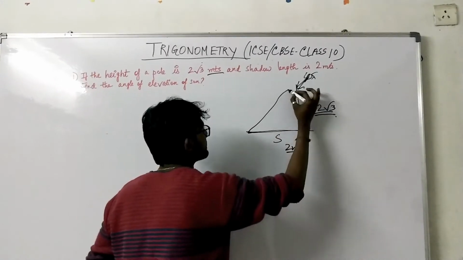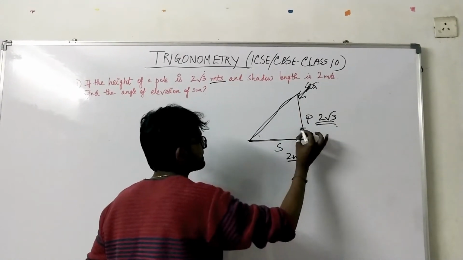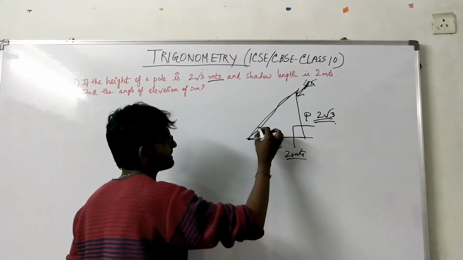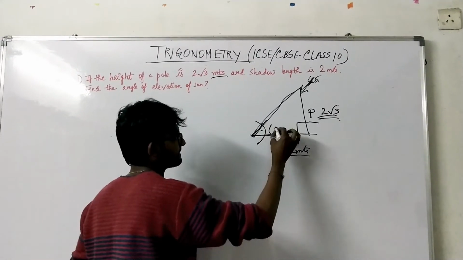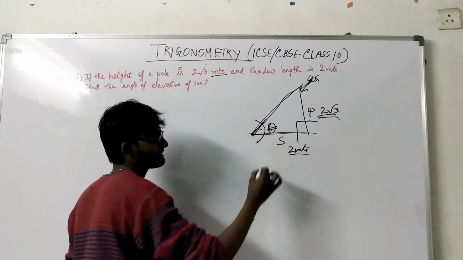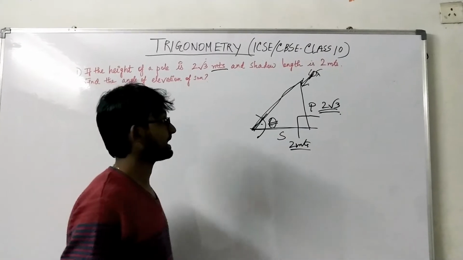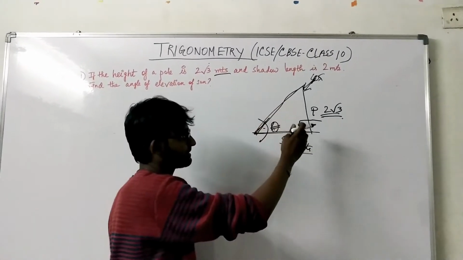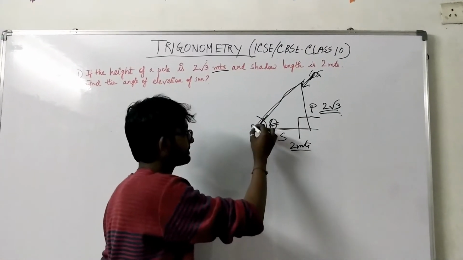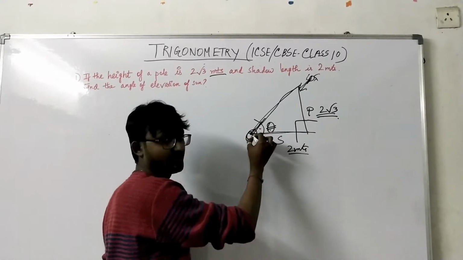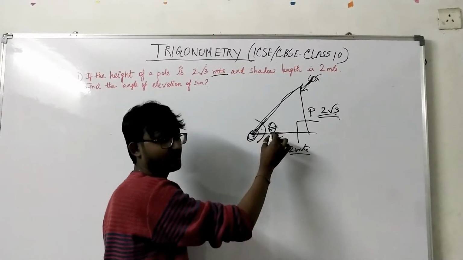So if I join the hypotenuse, you can see this is 90 degree. So this is theta. This is the angle of elevation, the angle created by the hypotenuse and the base. It's created from below, the bottom point, angle of elevation.